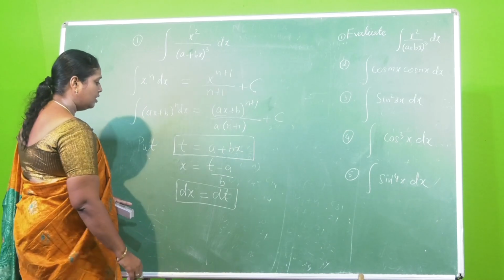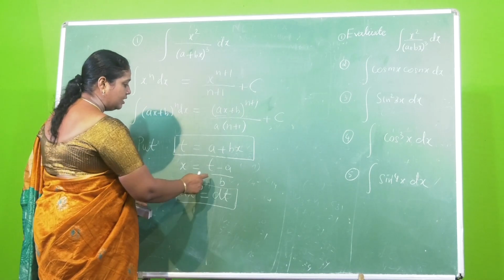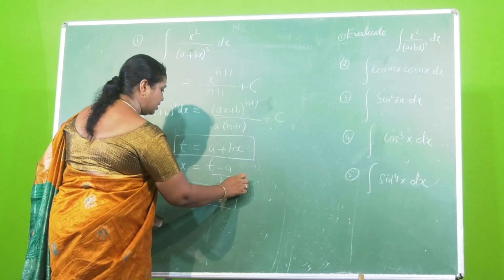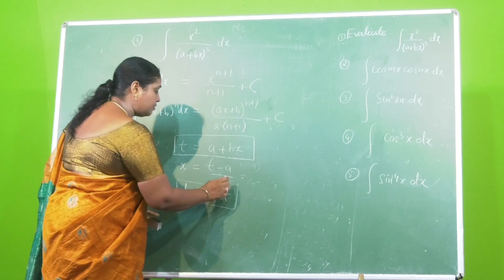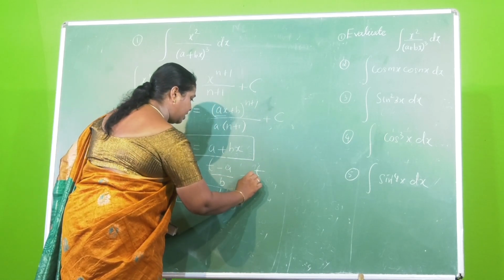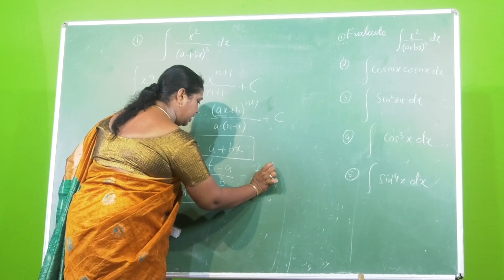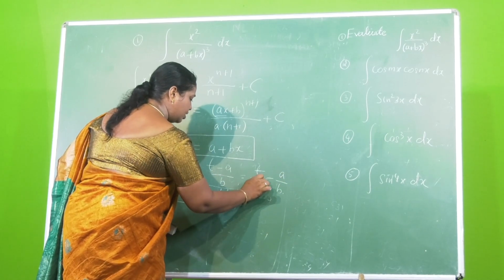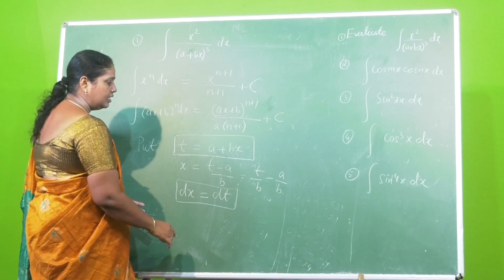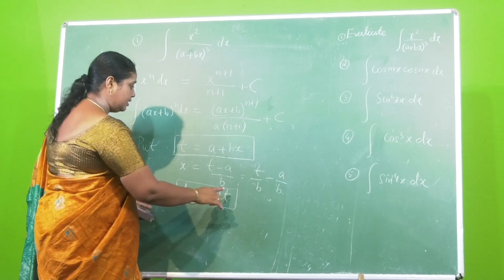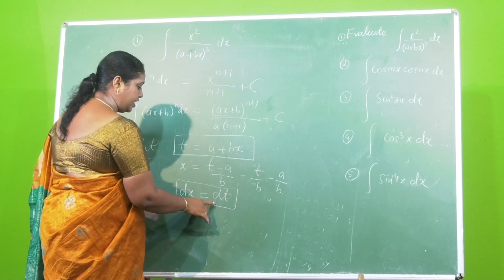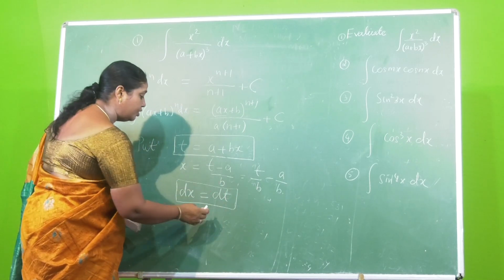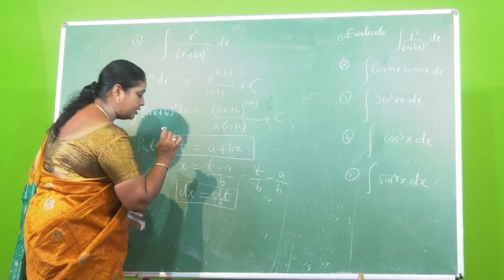Also, you have to be careful that here the constant is in both terms, that is, this division by b is for both t and a. So this is t by b minus a by b, isn't it? If you do differentiation, you have to be careful that t is the variable, so dt, and this 1 by b is in the multiplication process, so it will remain the same.